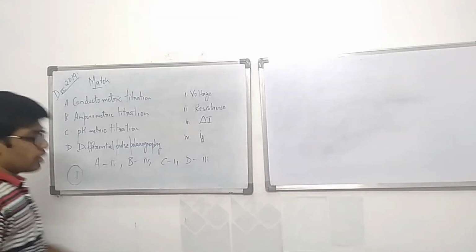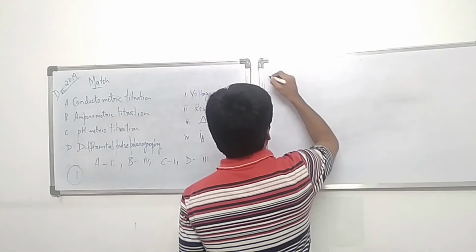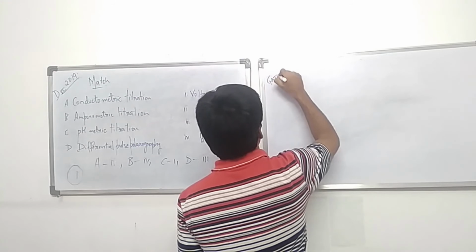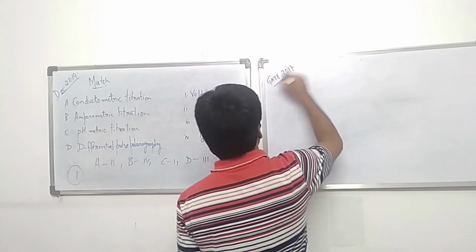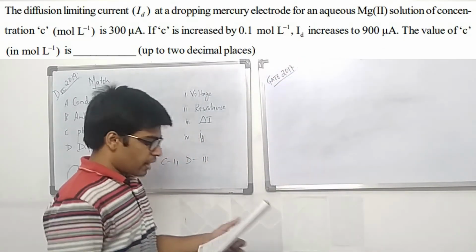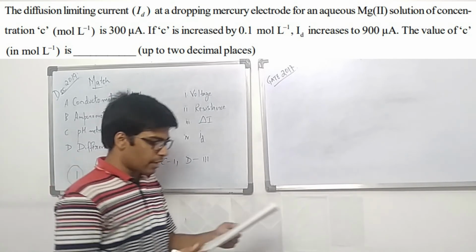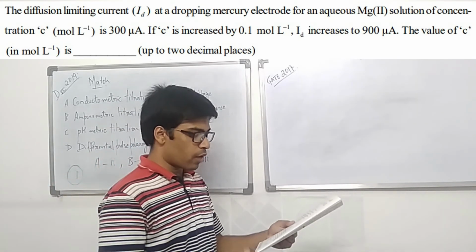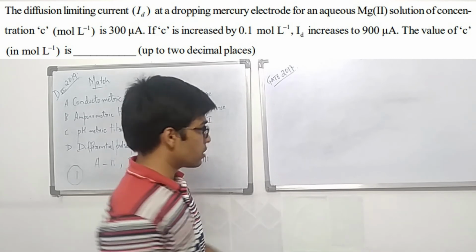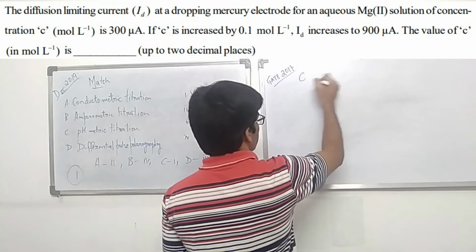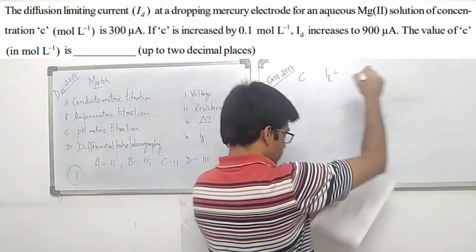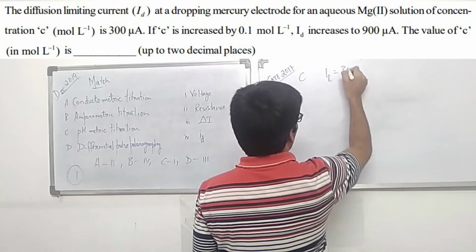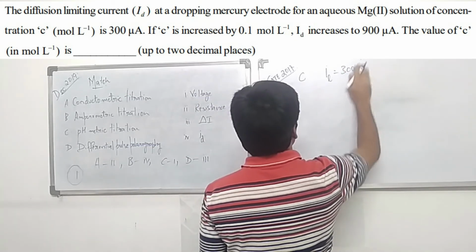Okay, the next question is from GATE 2017, and what does it say? The diffusion limiting current at a dropping mercury electrode for an aqueous Mg2+ solution of concentration C is given as 300 microampere.